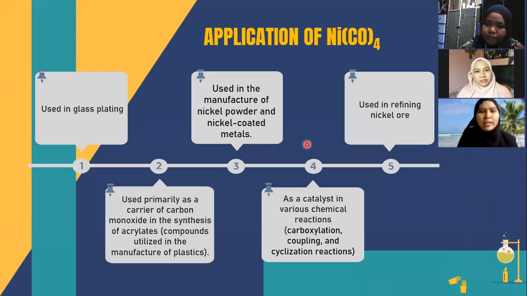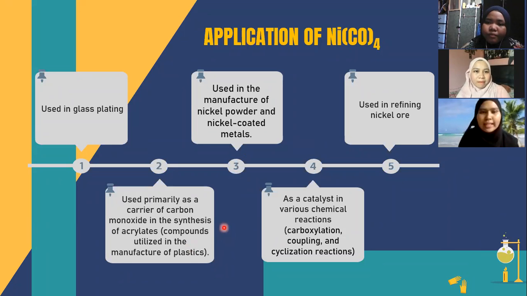The last one is the application of this tetracarbonyl nickel. Firstly, this metal complex is widely used in glass plating. It is used primarily as a carrier of carbon monoxide in the synthesis of acrylates, which are compounds utilized in the manufacture of plastics that we usually use in our daily life.